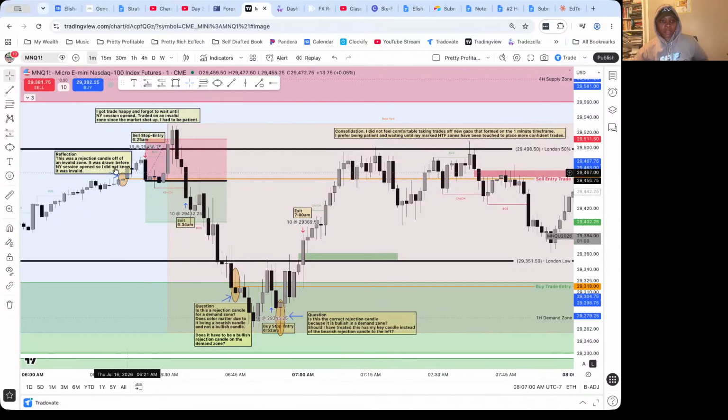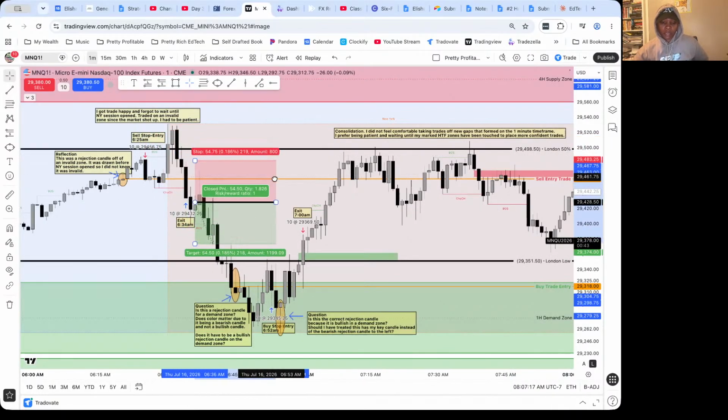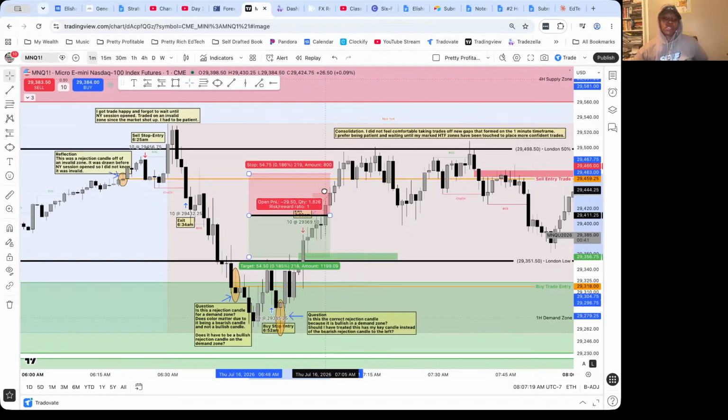But remember, this is where I was uncertain. I was uncertain because this had become an invalid zone. You know? So that's where I was uncertain. And let's see here. This one I was uncertain, but I knew it was a rejection candle.